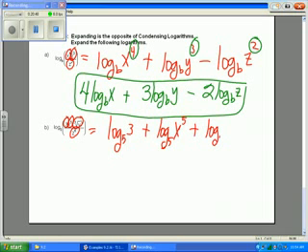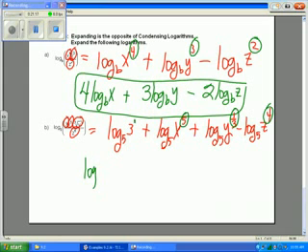Plus log base 5 of y to the 1/3. And the last one is going to be what? Minus log base 5 of z to the 4th. So my last step would take, oh, see, this is a little 1, so that guy doesn't have anything that comes down. My last step is to use the power property and take down these powers.